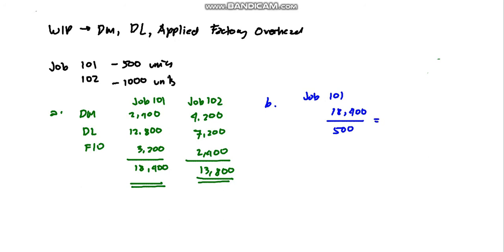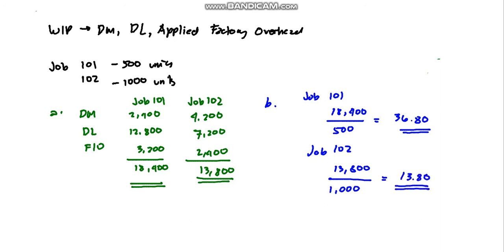So that would be 36.80. And for job 102, that's 13,800 over 1,000 units, so that's 13.8. Okay, so it's just as easy as that. Okay, thank you.